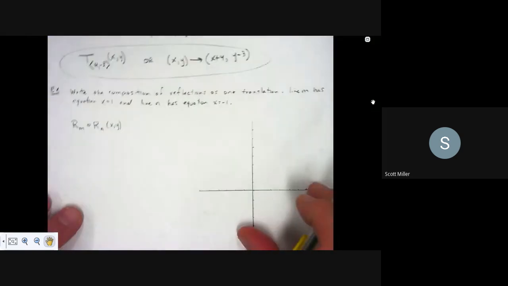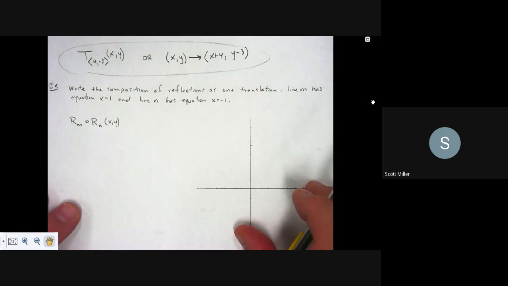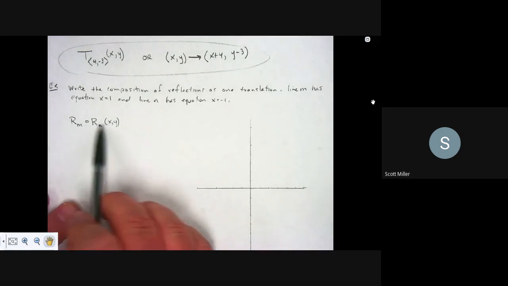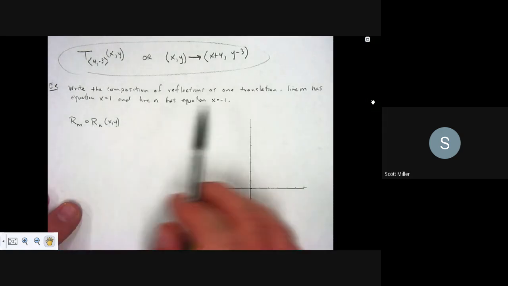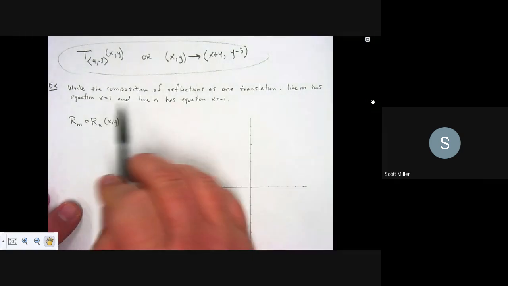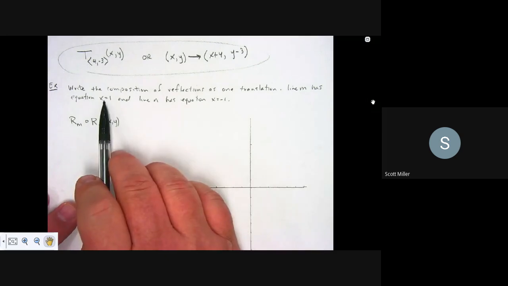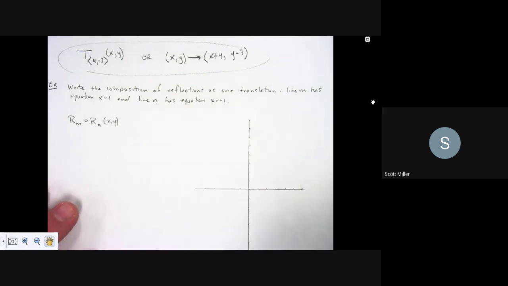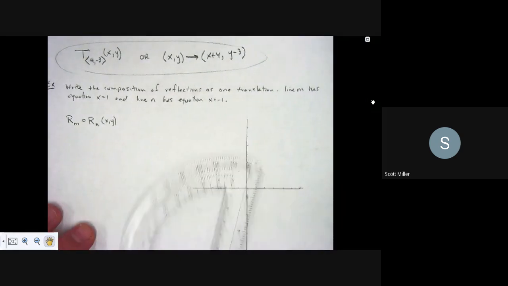All right, so here's a composition of reflections, and I want you to write one translation for it. Okay, there's two lines, M and N. M is at 1, and N is at -1. So let's put those in our picture right off the bat.